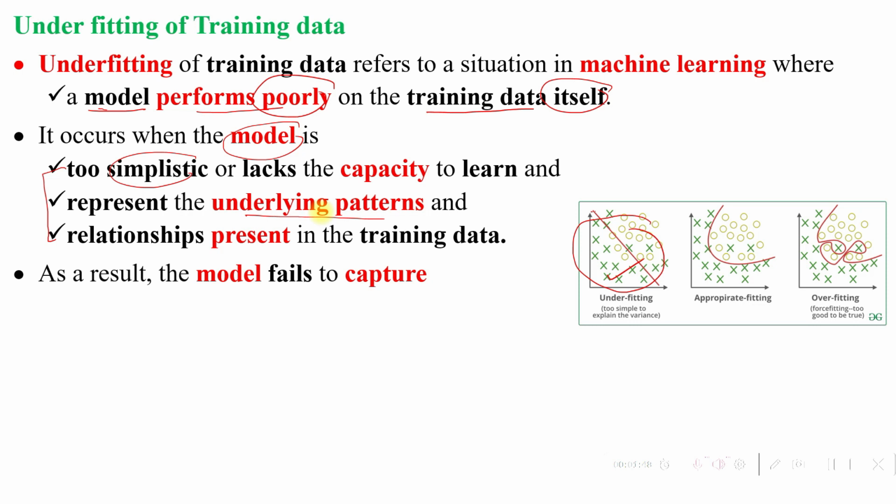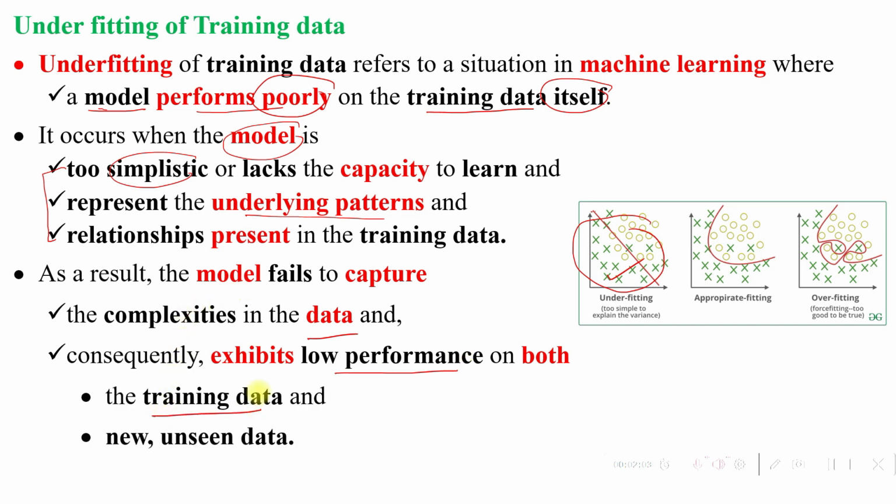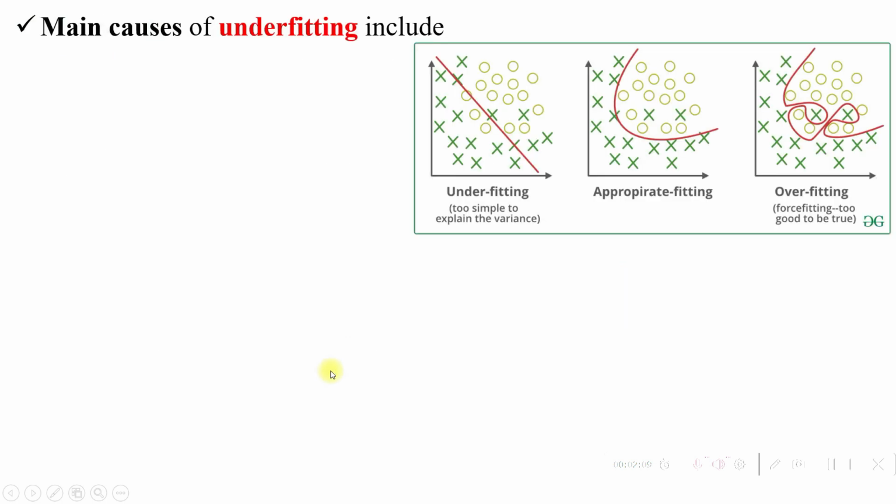As a result, the model fails to capture the complexities in the data and consequently exhibits low performance on both the training data and new or unseen data. So because of this, we cannot get perfect results.